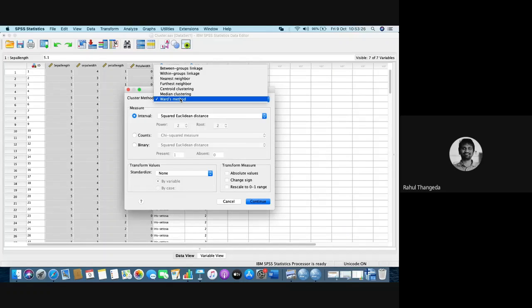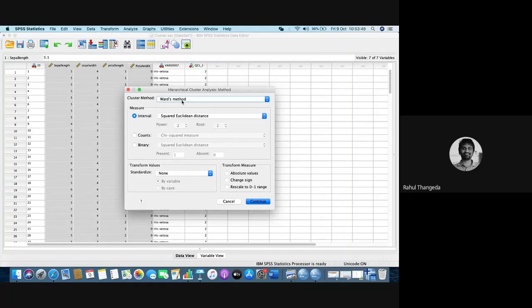With this, what typically happens is it calculates the average squared values in a cluster. Earlier it was the centroid, but here it calculates the average squared values of a cluster. So in short, if you are not very specific about what to choose, the recommendation is you can choose between groups, within groups, or Ward's method.